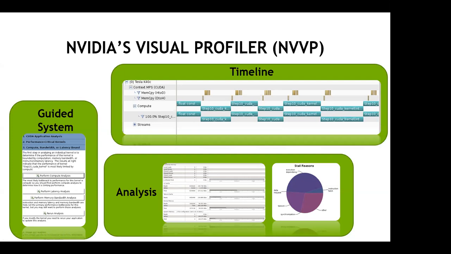The first line is summarizing all kernels which are run, and if you expand the compute, you will see all the kernels behind.